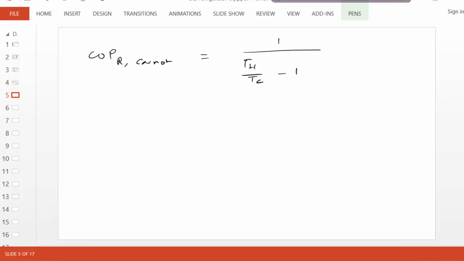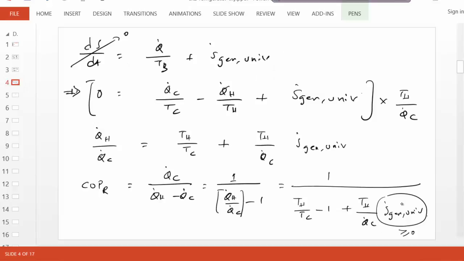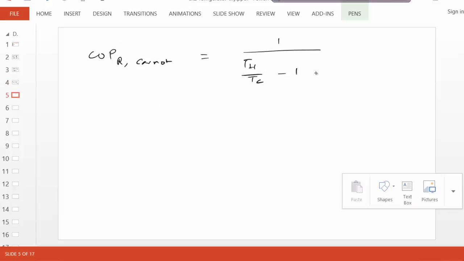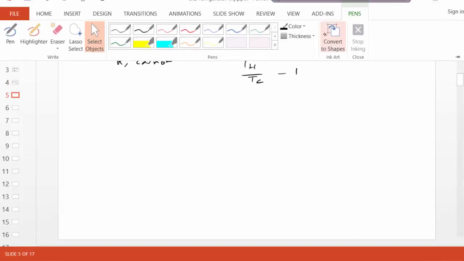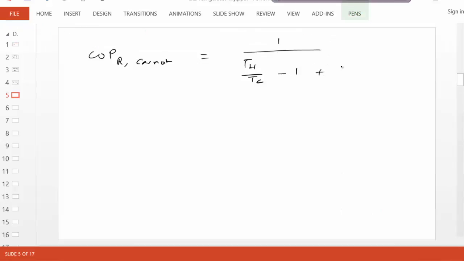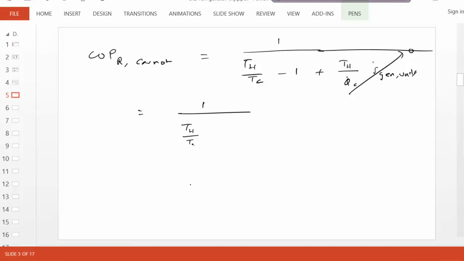So just to make sure we understand that, this term goes to 0, so let me write it down, plus this goes to 0, so that becomes equals 1 divided by Th over Tc minus 1, multiplying top and bottom.